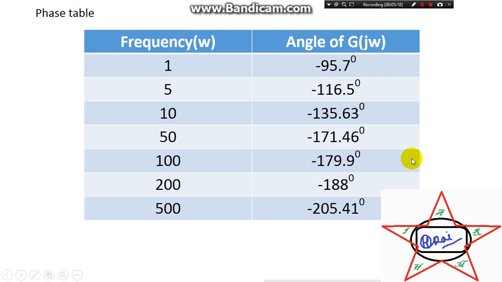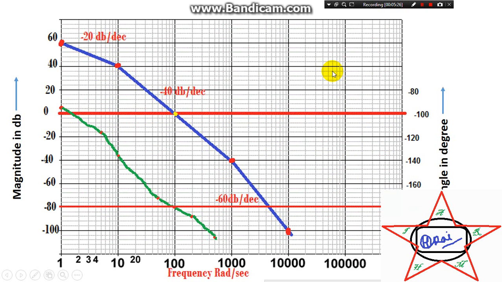Because we have a maximum of minus 205, that means approximately 206 degrees, and the minimum is minus 95 or 96 degrees. So we will substitute in such a way that the maximum value will be near about minus 200 and the minimum near about 90. So I started with minus 220 degrees. It will be negative, because we have all negative values, so I will consider negative here.